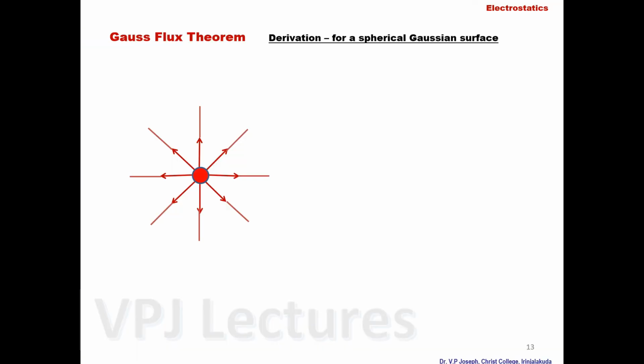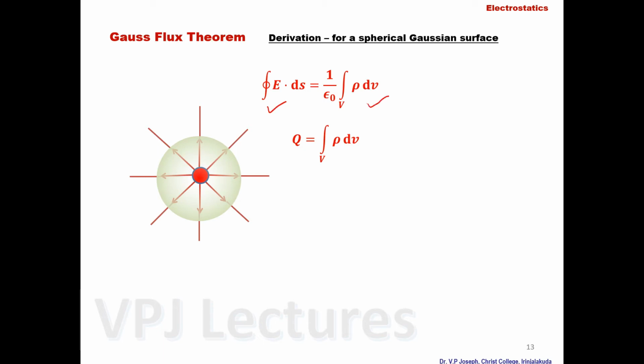spherical Gaussian surface. And here the equation is closed surface integral E dot ds is equal to 1 by epsilon 0 times the volume integral of rho d tau, and only one charge q is here, so q is equal to the volume integral of rho d tau.